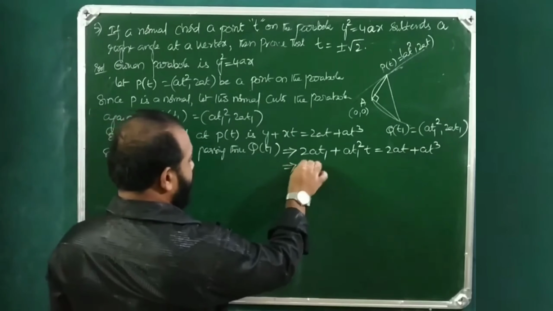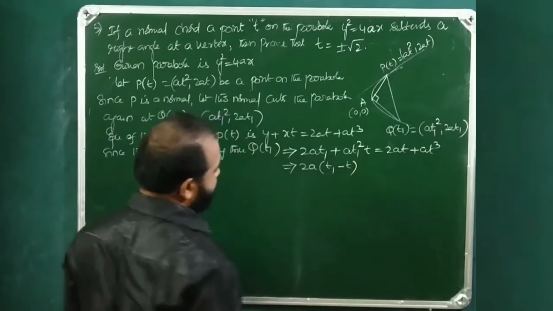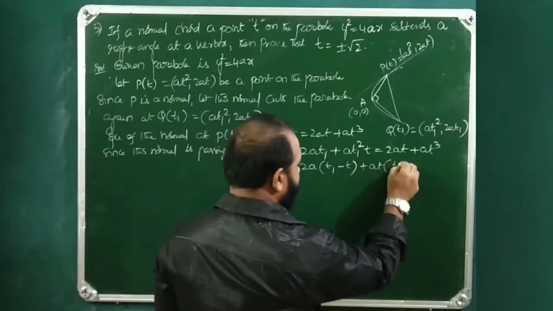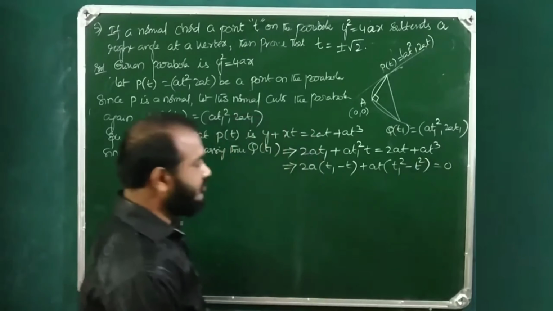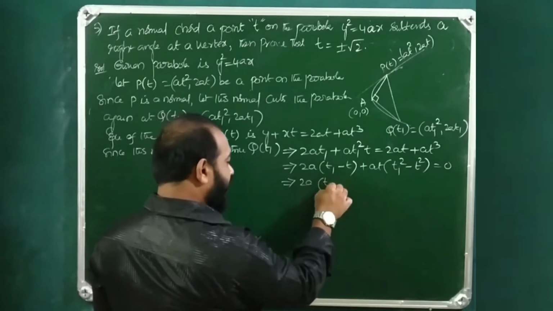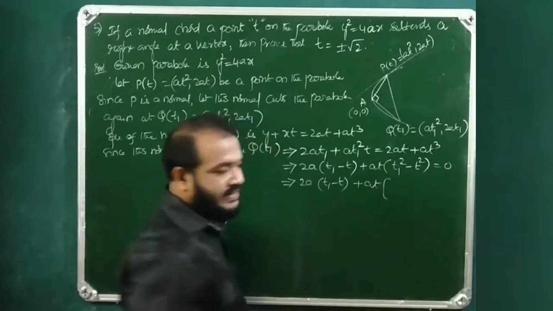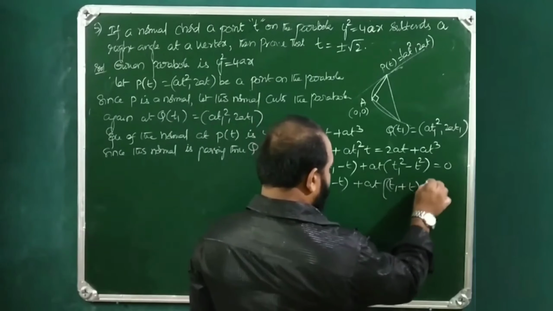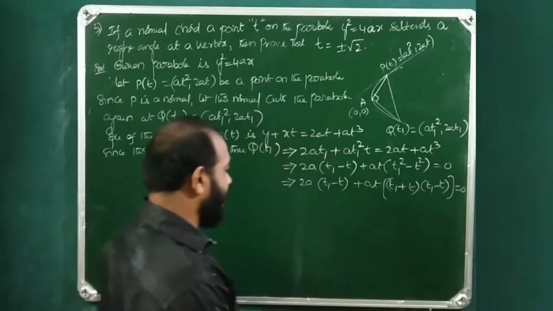This is 2a into t1 minus t plus at into t1 square minus t square equals 0. This is 2a into t1 minus t plus at, where t1 square minus t square is t1 plus t into t1 minus t, equals 0.